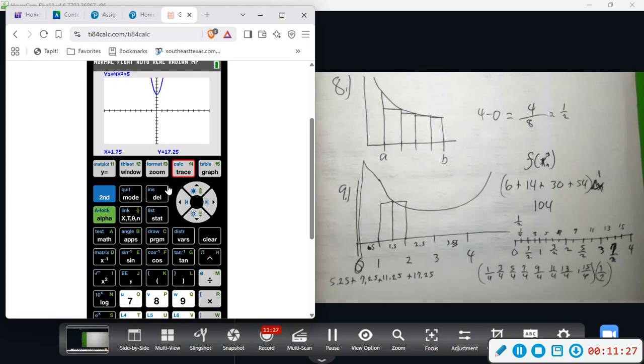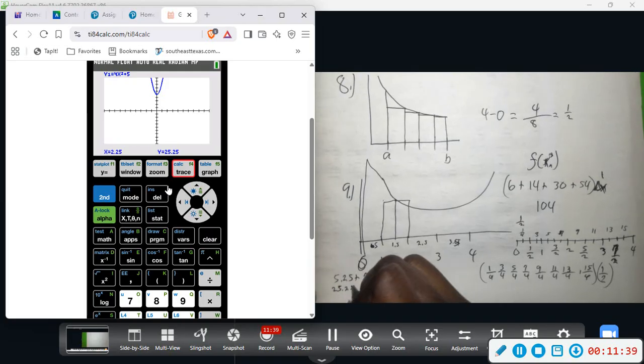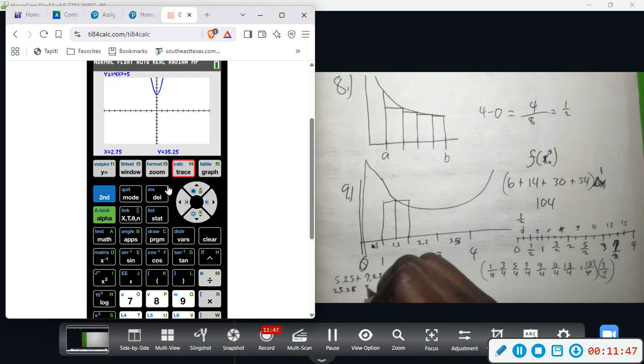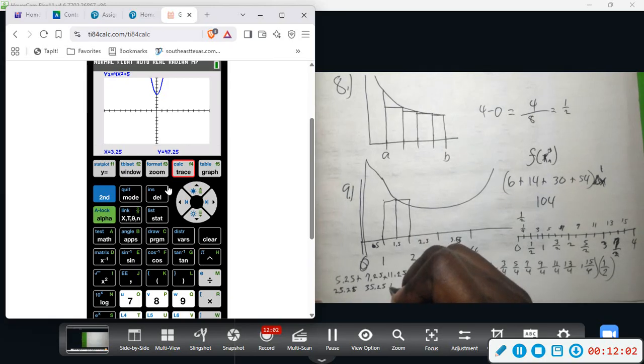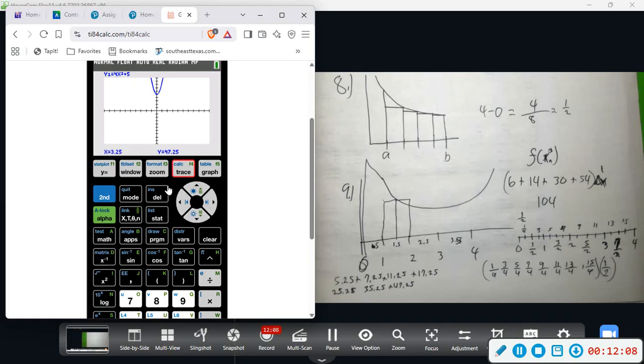and then 9/4, 25.25, 11/4, 35.25, and then 13/4, 47.25, and then 15/4.